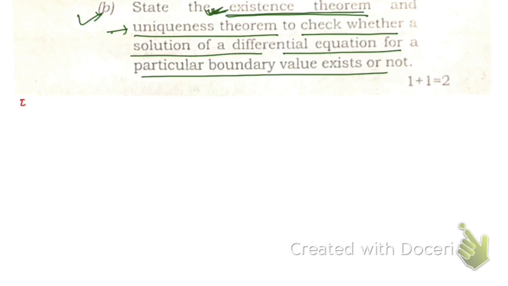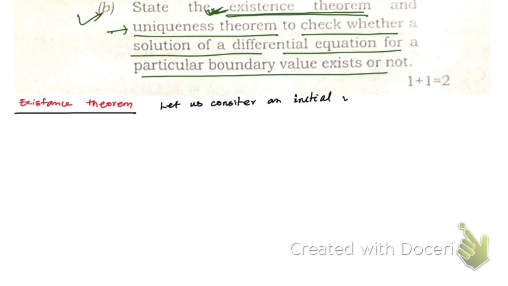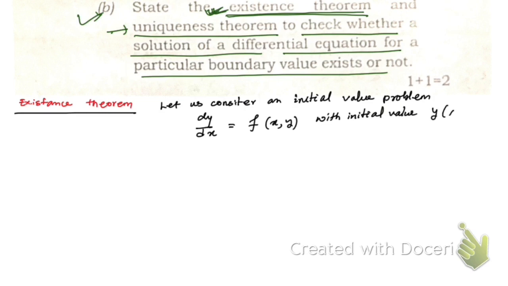Suppose we have an initial value problem. Let us consider an initial value problem, dy by dx equal to f of x and y, with the initial value that when x is x naught, y is equal to y naught, right?